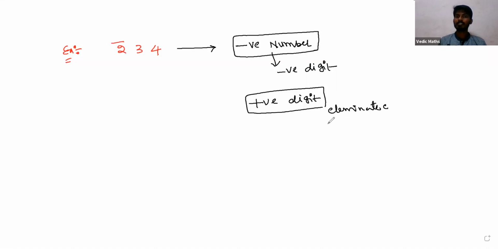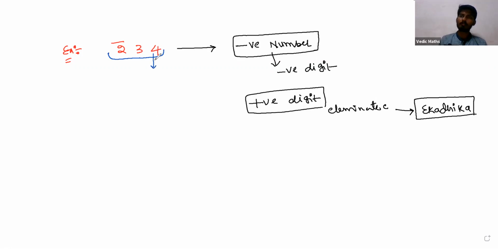When you are eliminating a positive digit, then we use Ekadhikena Purvena. Ekadhikena Purvena we have to apply. So each digit must be negative only. That is the reason the positive digit and the negative digits are selected. So this will be the one group here.